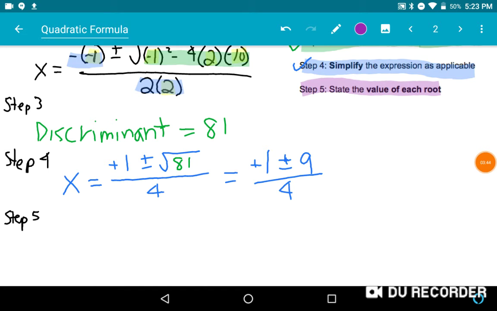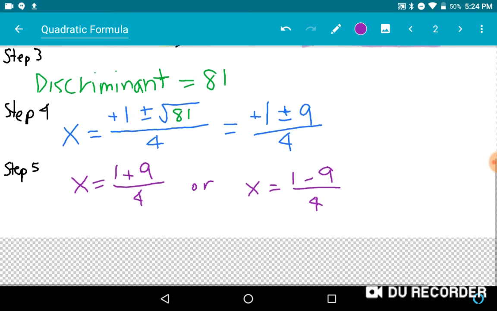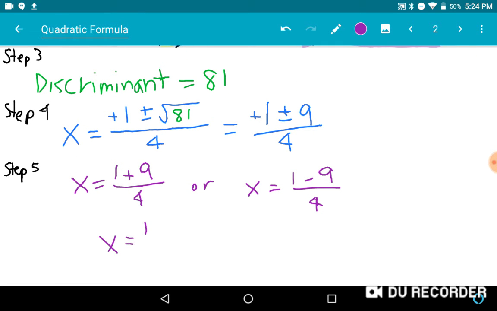So one of the roots is going to be 1 plus 9 over 4. The other root is going to be 1 minus 9 over 4. And these can both continue to be simplified. So either x equals 10 over 4 or x equals -8 over 4.